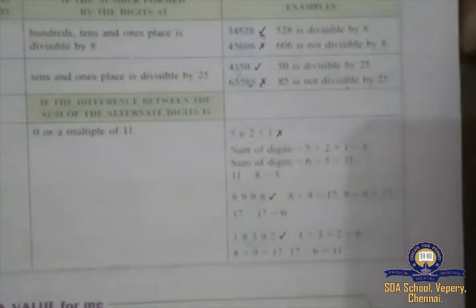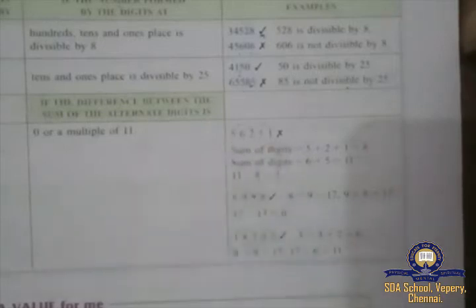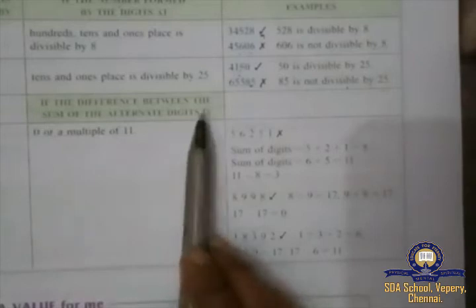Shall we do? See, here they have given 56,251. So what is the rule they have given? The difference between the sum of the alternate digits. Sum means we have to add. Alternate means one after another; we have to leave one number in between.